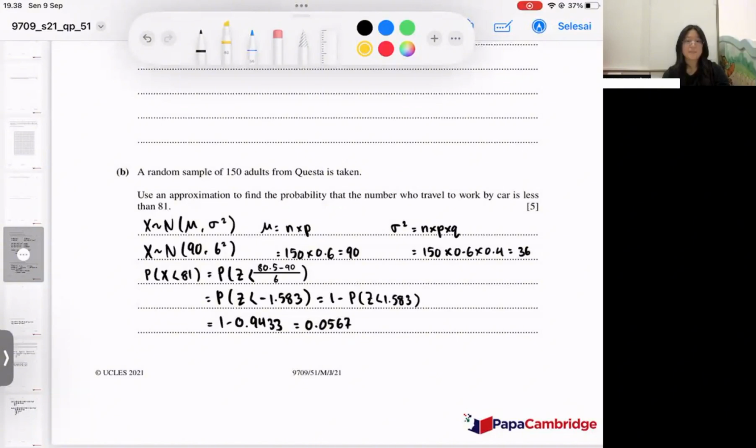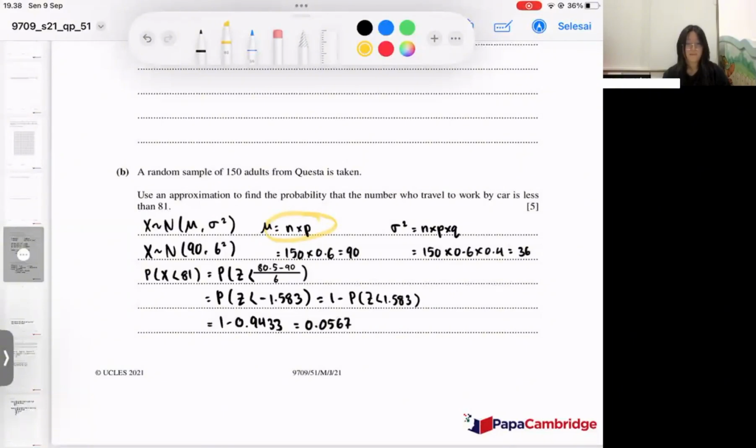Next, a random sample of 150 adults from Cuesta is taken. Use an approximation to find the probability that the number who travel to work by car is less than 81. For this, we have to use the normal function, X ~ N(mean, variance). In order to find the mean, we use the total sample number multiplied by the probability of success.